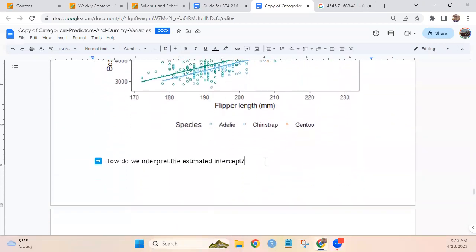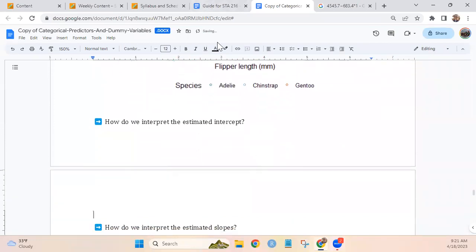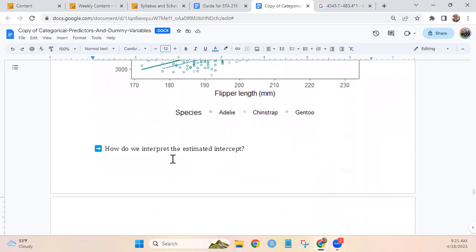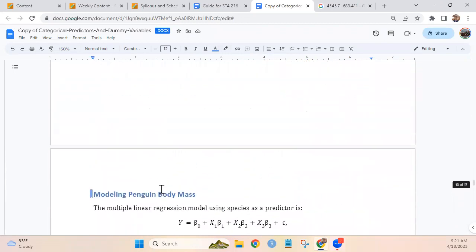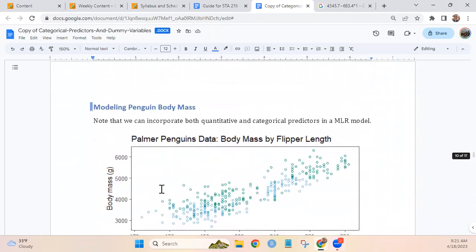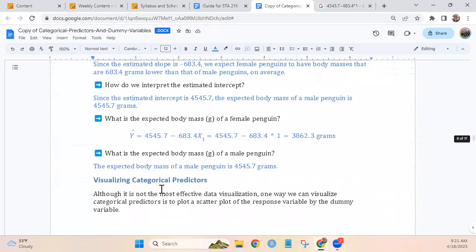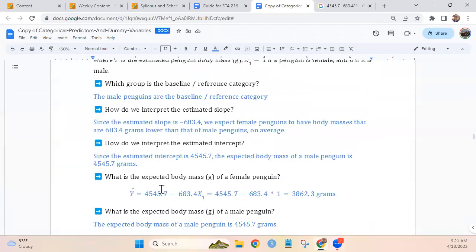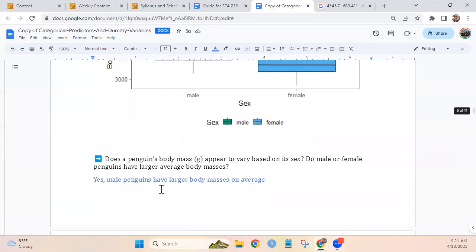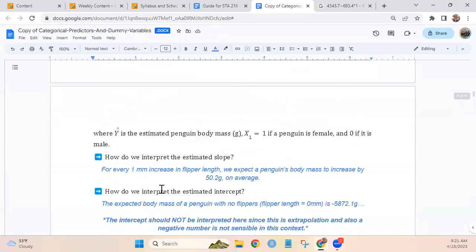So yeah, talking about how we interpret the estimated intercept here. The estimated intercept, we can actually sort of copy what we put before. Where did we talk about extrapolation? All the way up here. There we go.